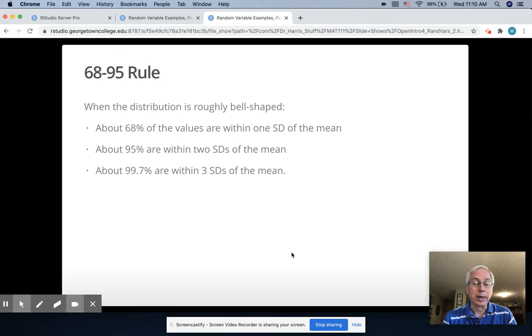About 95%, 19 out of 20, are going to be within two standard deviations of the mean. And almost all, about 997 out of every 1,000 observations, will be within three standard deviations of the mean. Observations that are more than two standard deviations away, we'll comment on this more in a few slides, are going to be considered unusual because they would occur 5% of the time or less.